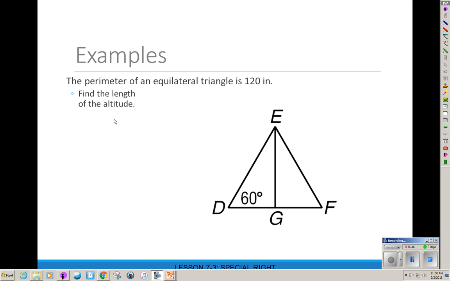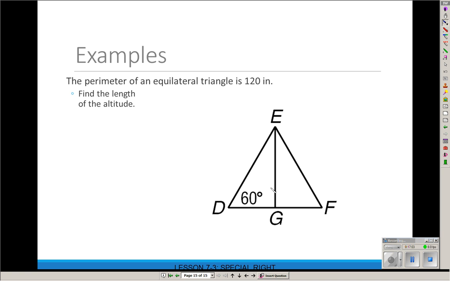Last question here. The perimeter of an equilateral triangle is 120 inches. Find the length of the altitude. So we know the perimeter of this triangle is 120. We're looking for the altitude right here.